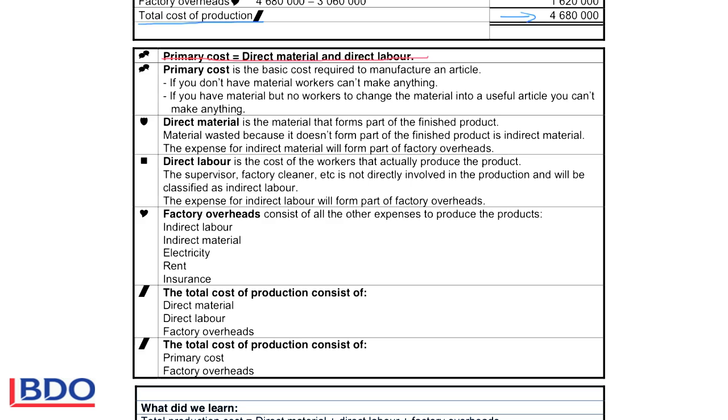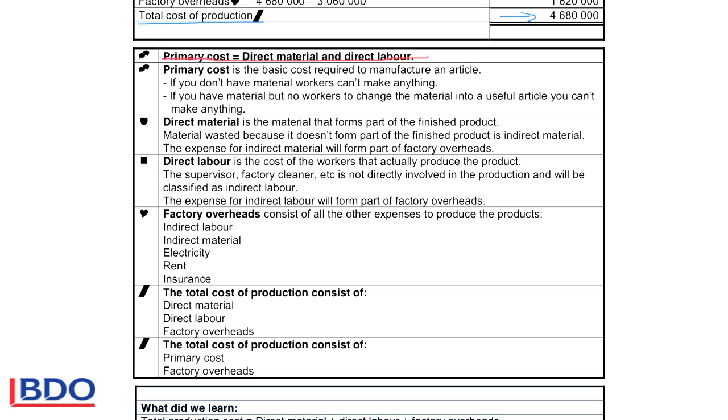It's very important to realize what is included in the direct material. That is the material that will form part of the finished goods. So if we make a dress and we cut out the pattern, the material that goes into the dress is direct material. The material that falls off on the sides will be indirect material.